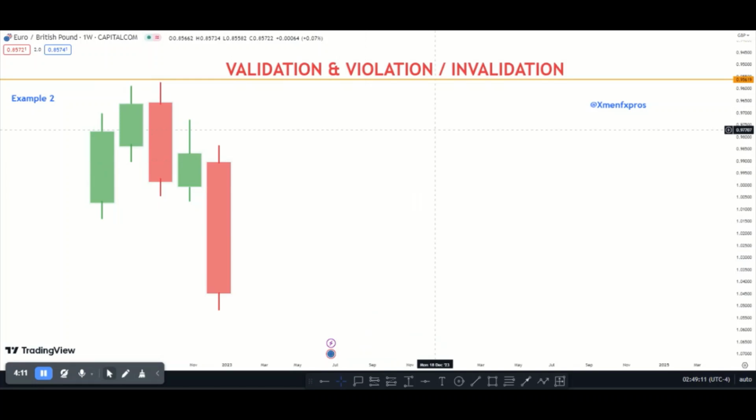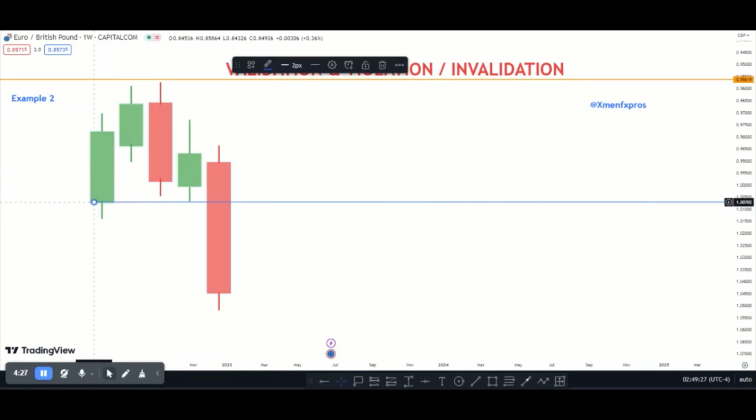For example two, for validation and violation or invalidation. So now we actually see price. Remember, for the bullish setup that we showed, now this is for the bearish. So remember, when you're marking the validation levels, you mark the candle closures here. Then where's our validation? Will it be this engulfing or will it be this? It will be this key level.